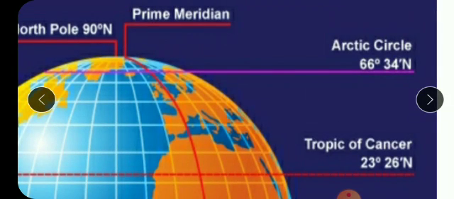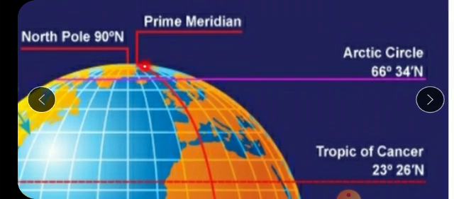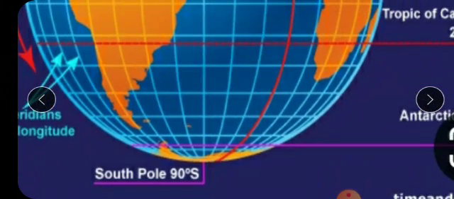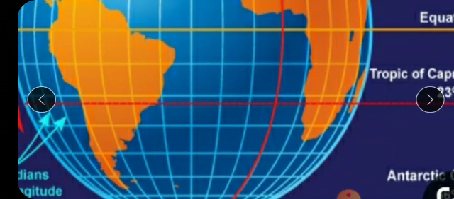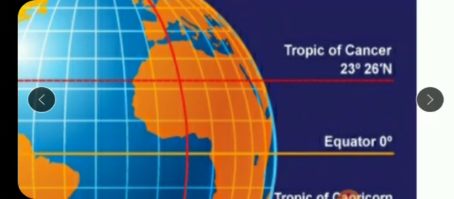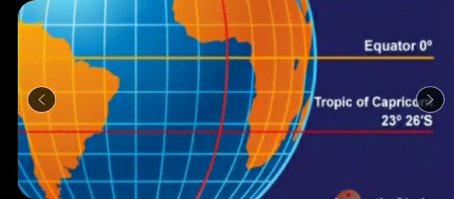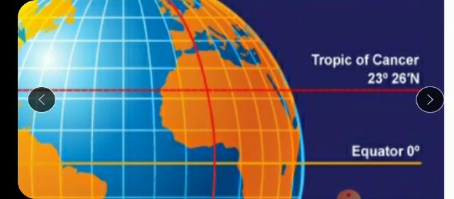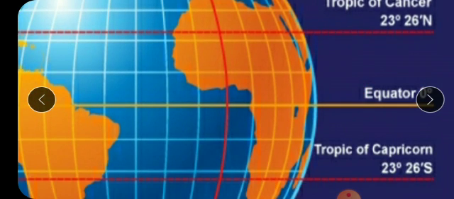If the sun rays are more, that means more heat. And at the poles, north and south poles, it's very obvious that there would be very little heat because sun rays will be less. So Tropic of Cancer and Tropic of Capricorn will have the slanted sun rays. Slanted sun rays means less heat, but the equator receives the straight rays of the sun.